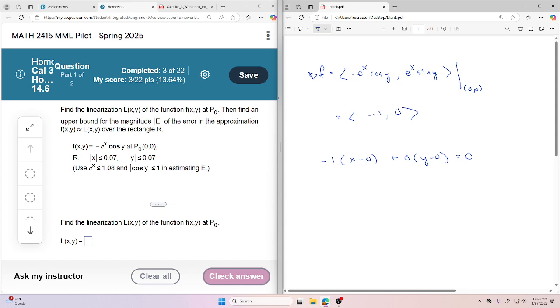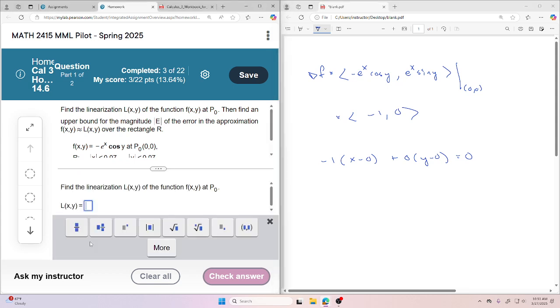For their linearization? Yeah, that's for the maximum. That's the second part. Oh, that's what I'm missing. That's what, yeah, because it's equal.